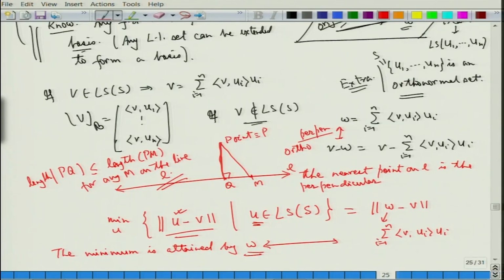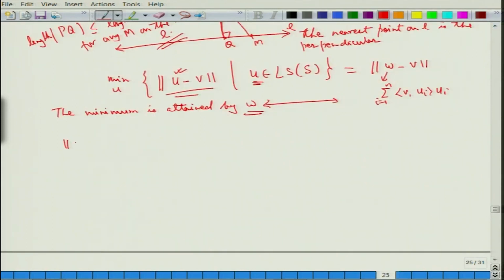Well, this is very important, that the minimum is attained by w, and why is it attained? Because of what we had proven here: the norm of v squared is equal to the norm of v minus w whole squared plus the norm of w squared. Therefore this is greater than or equal to the norm of w squared, because they are perpendicular.